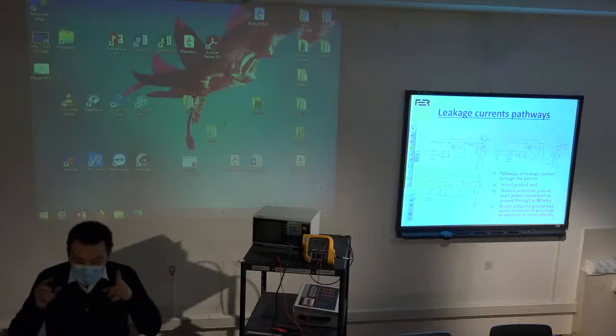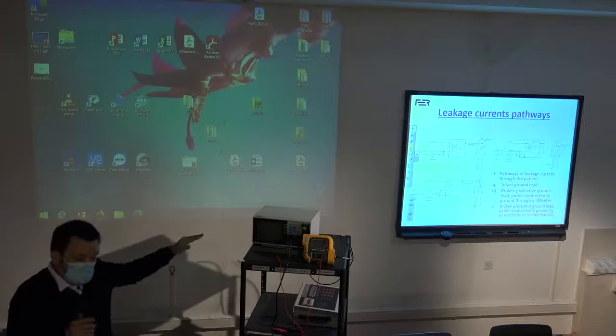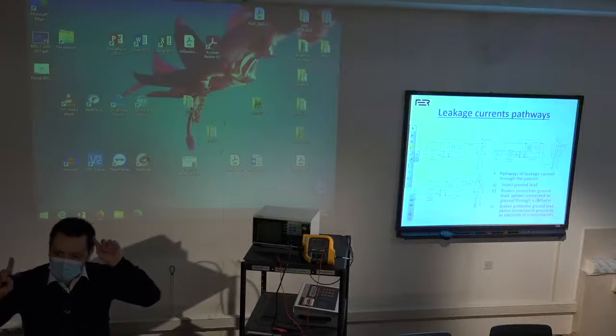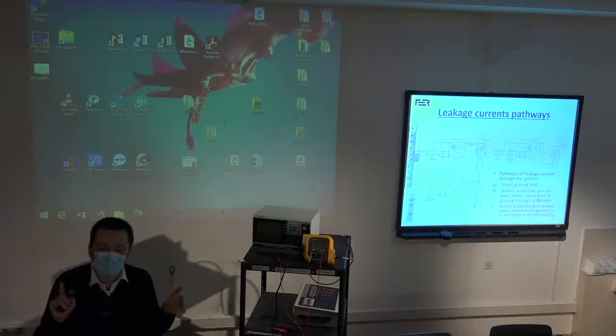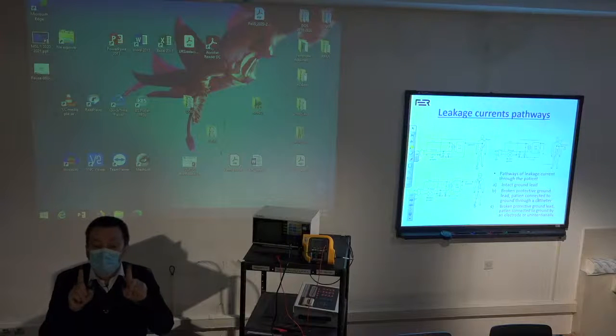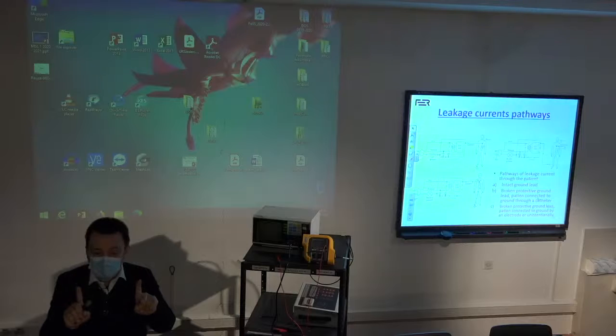So apart from all the measurements that have to be done, what I would like you to remember is that one of the main things that has to be taken care of is actually the voltage difference or the leakage current between neutral and ground.